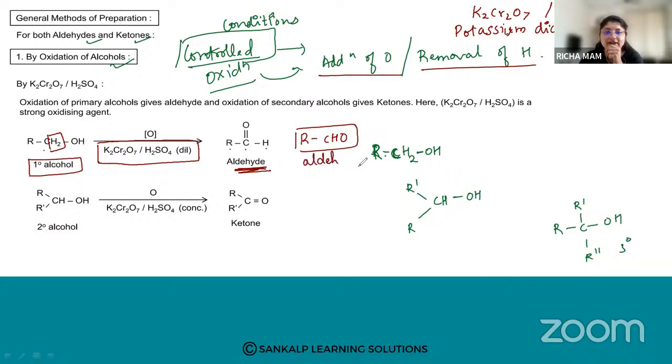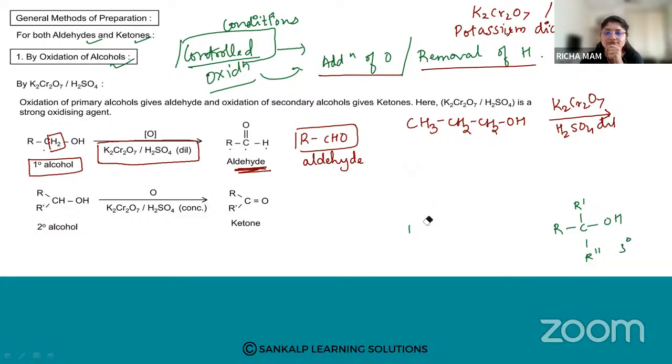Now let me give you an example. CH3CH2CH2OH in the presence of K2Cr2O7 and dilute H2SO4. Can anyone tell me what will be the product now?